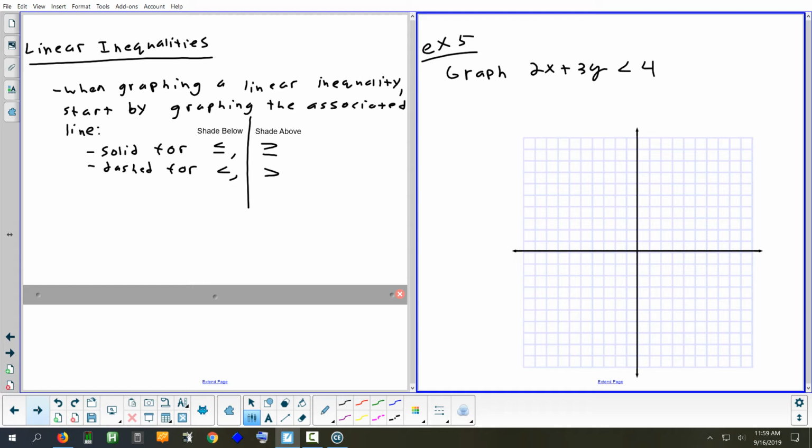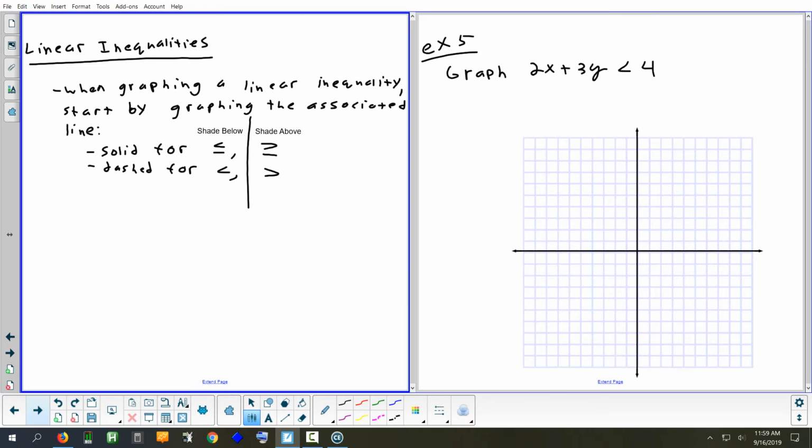So if you wanted to graph this one, would it end up being solid or dotted? Dotted. Yep, it would be dotted. And what might you want to do first? Figure out where to shade. Or put it into slope-intercept form. Yeah, I would say if I was going to graph that, I would probably put it in slope-intercept first.